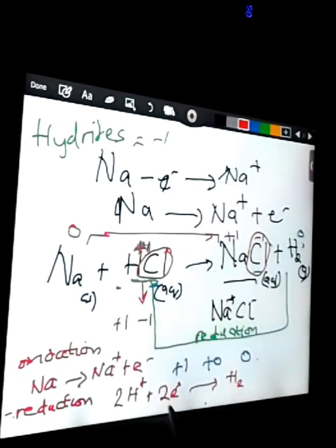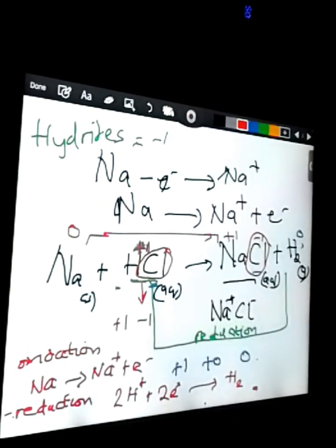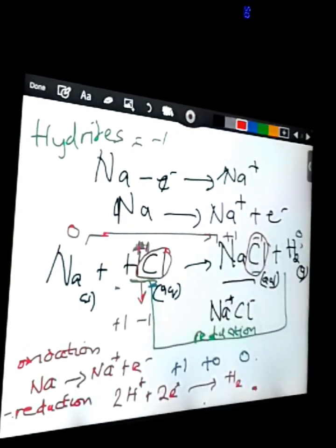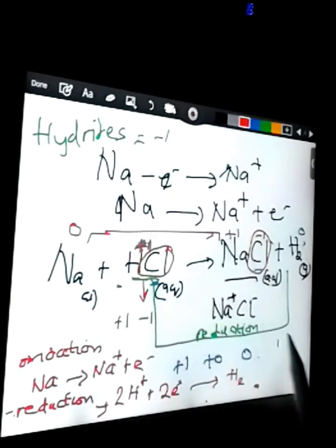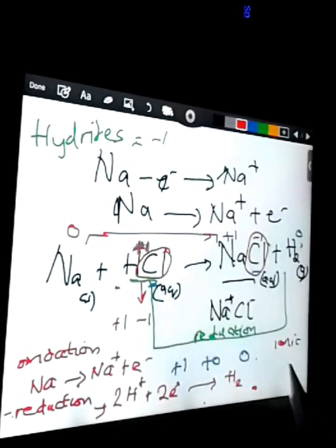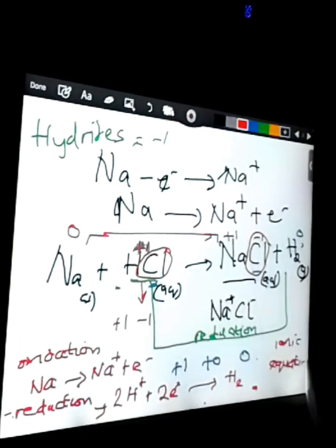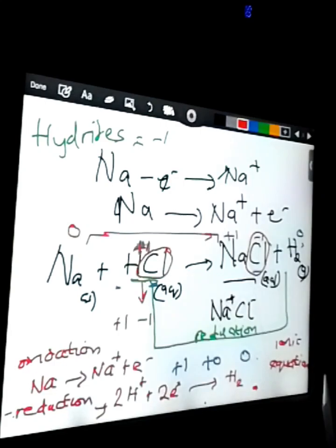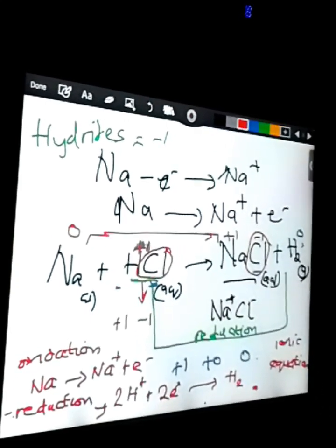So that is why we have two e- here. That will give us hydrogen gas. So this is the reduction ionic equation and the oxidation ionic equation. Any spectator ion will not be shown in the ionic equation because its oxidation state remains unchanged.